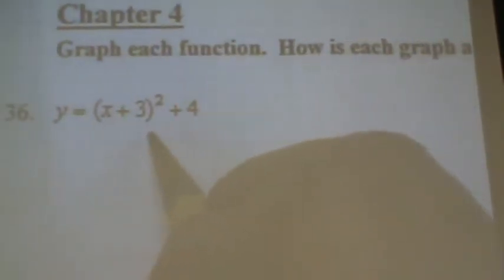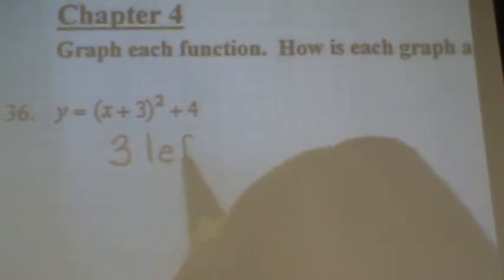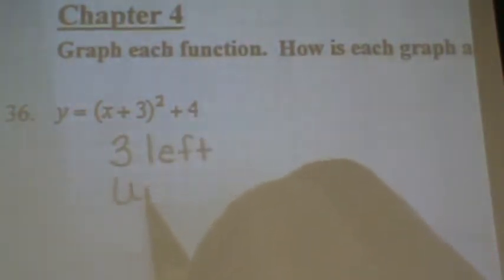Well, this one is asking you to graph x plus 3 squared plus 4. So where are you gonna go with that parent function? Left 3 and up 4. So if we take the vertex and go left 1, 2, 3 and up 1, 2, 3, 4, we're gonna start there and then go over 1, up 1, and over 2, up 4.